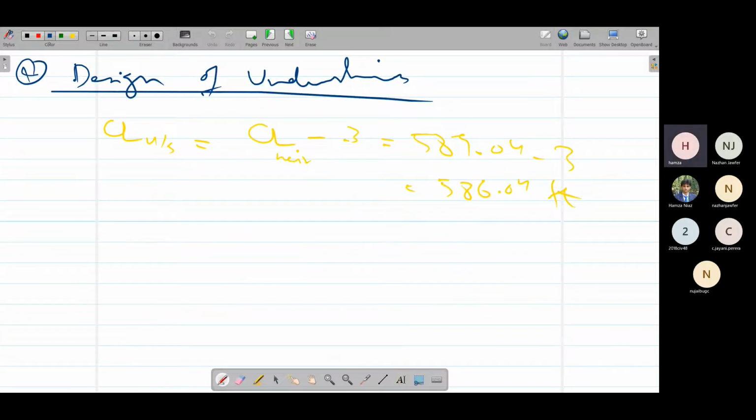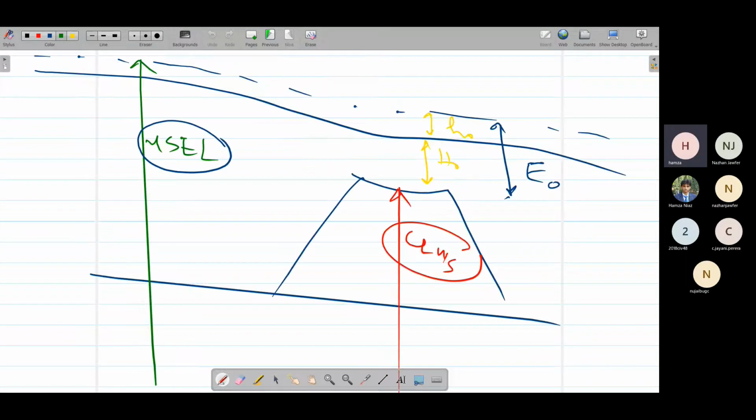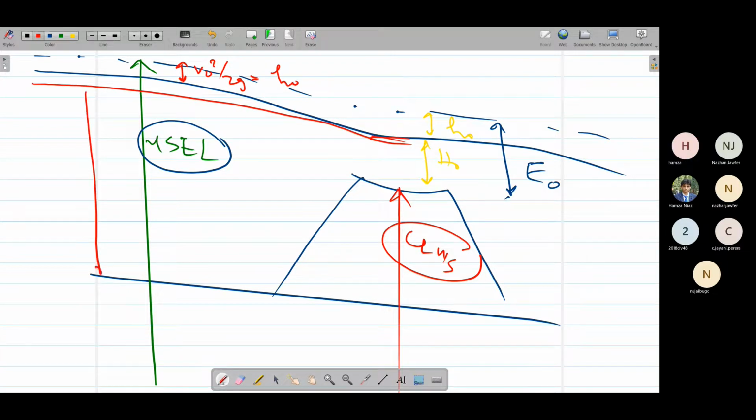So for upstream energy level, if we again divide this, this is V naught square over 2g, or simply small h naught. For example, this was the original flow level. So this is normal depth of flow D naught, and this is some efflux value. And this is river bed level.